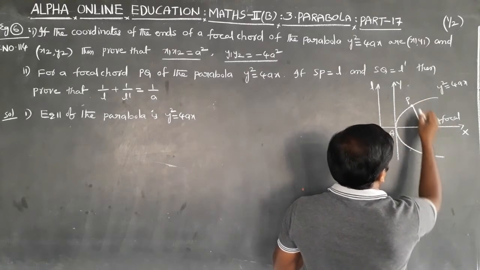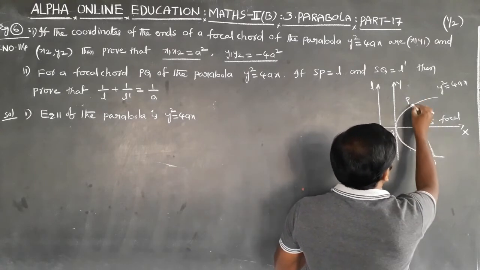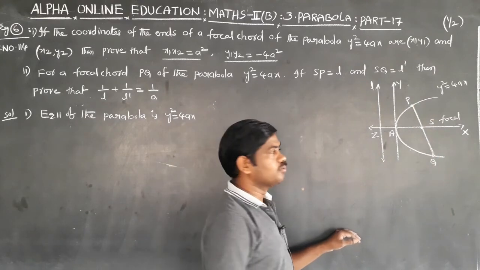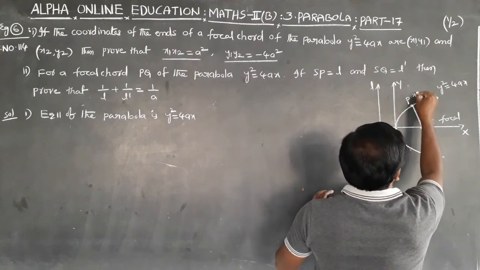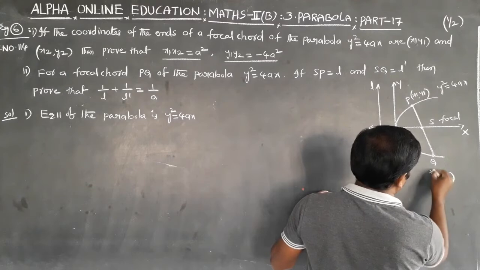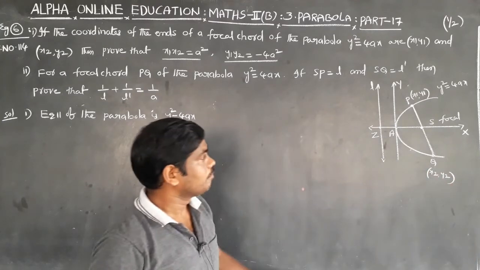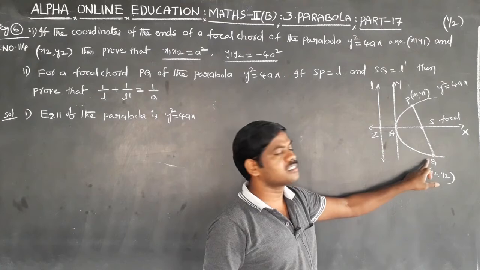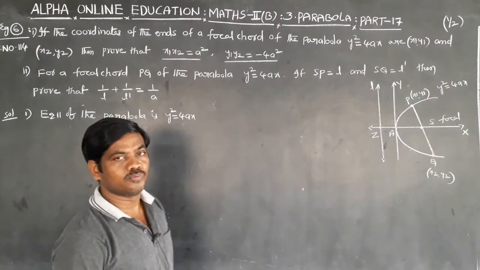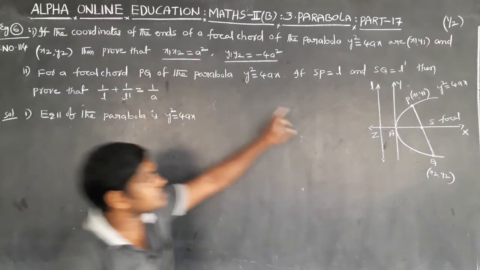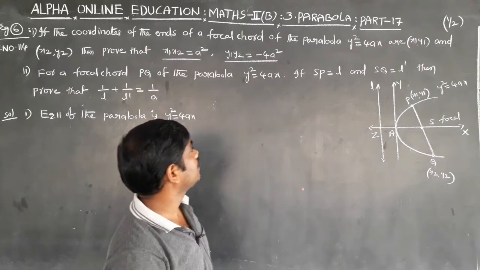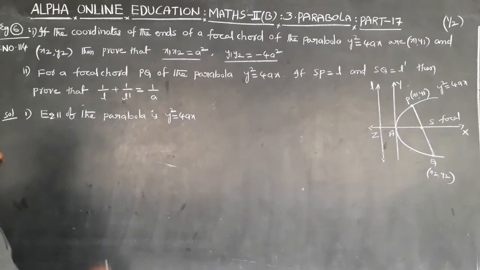Here P, Q are the ends of the focal chord of the parabola y² = 4ax. Given P is (x1, y1), Q is (x2, y2). Then prove that x1 x2 = a², y1 y2 = -4a².